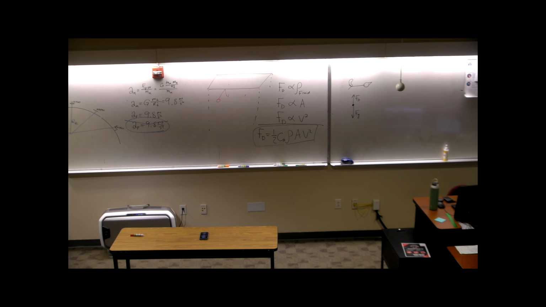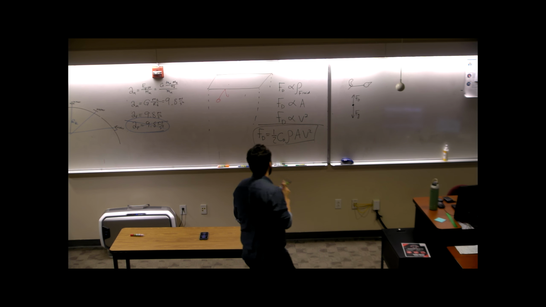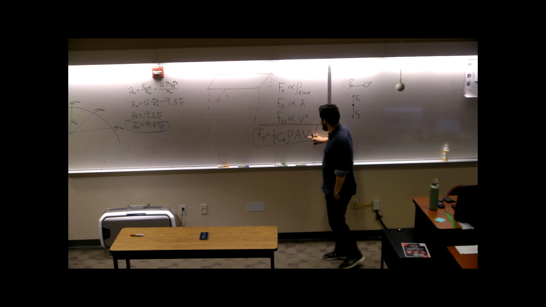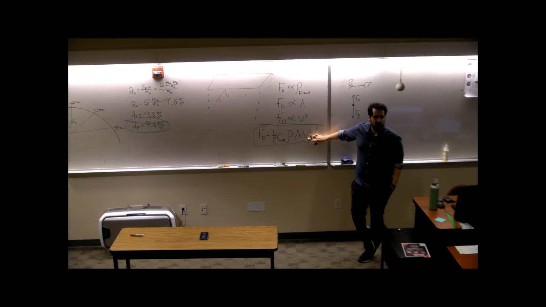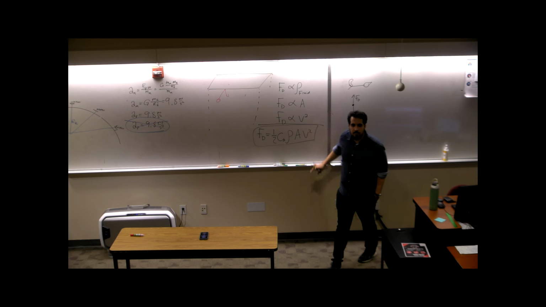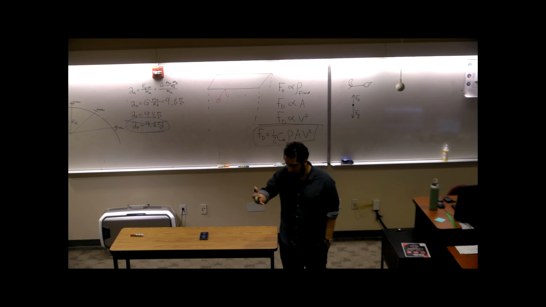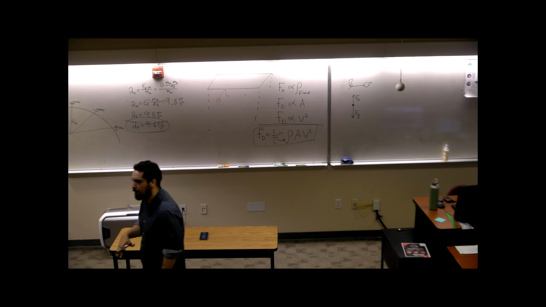Now, initially, when the squirrel falls out of the tree, this drag force is quite small, because the velocity is close to zero, right? It starts at zero and then it has to speed up.